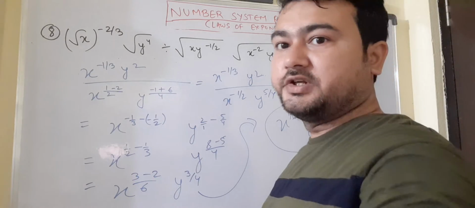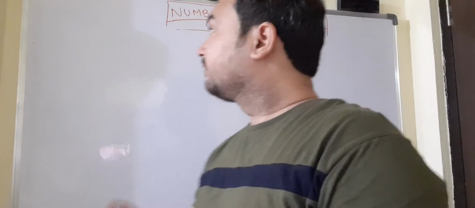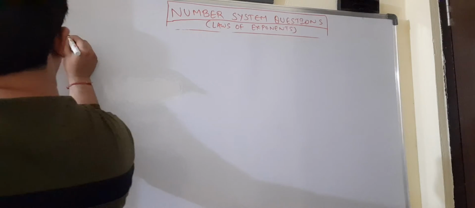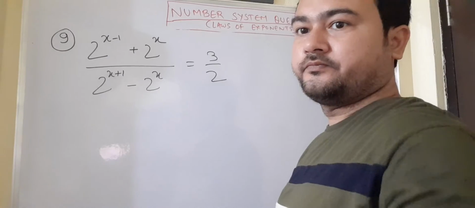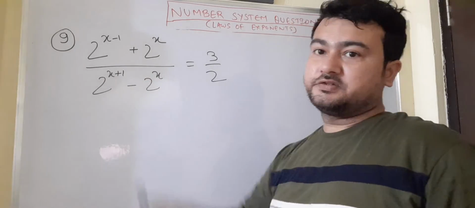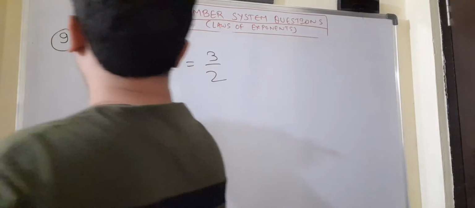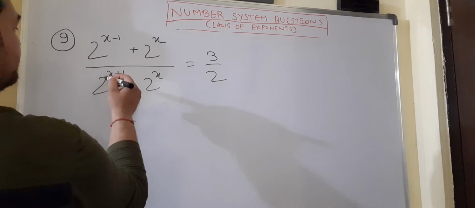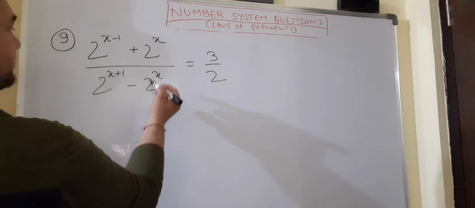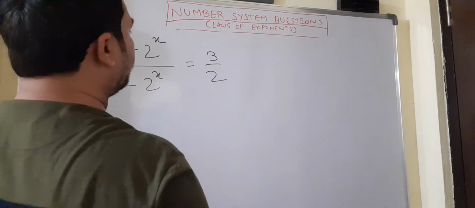Moving on to the next question. Question number 9. So your next question is (2 to the power x minus 1 plus 2 to the power x) divided by (2 to the power x plus 1 minus 2 to the power x), and this is equal to 3 by 2.